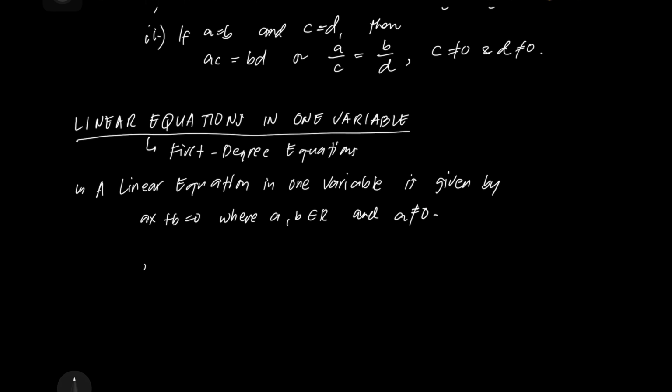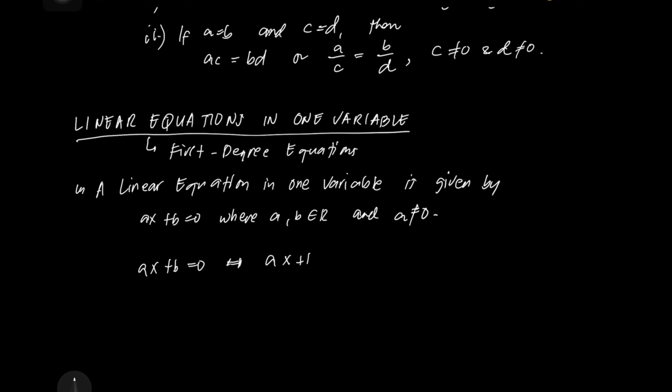Now, if we take this ax plus b equals 0 and apply the properties that we had a while ago, the addition and the multiplication, then we will be able to find the value of x. In this case, let's apply first the addition property of equality by adding negative b on both sides to eliminate b on the left side of the equation.